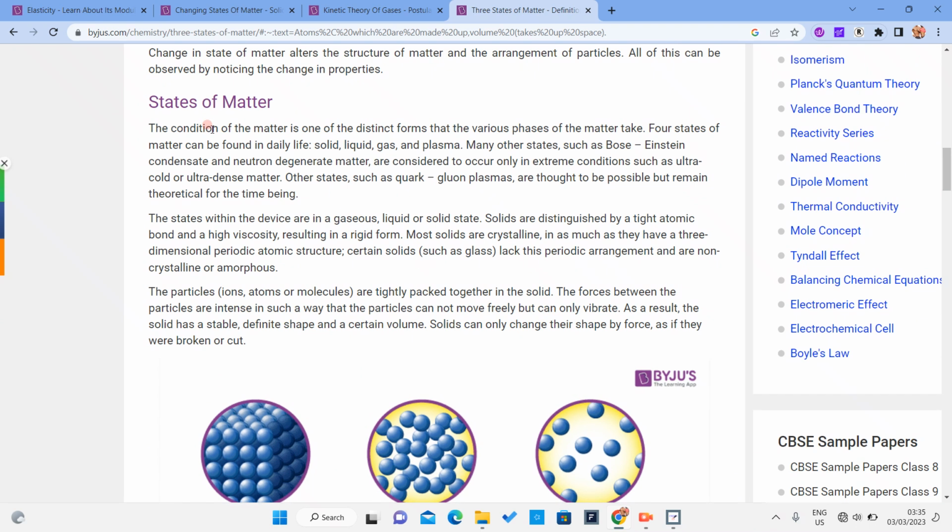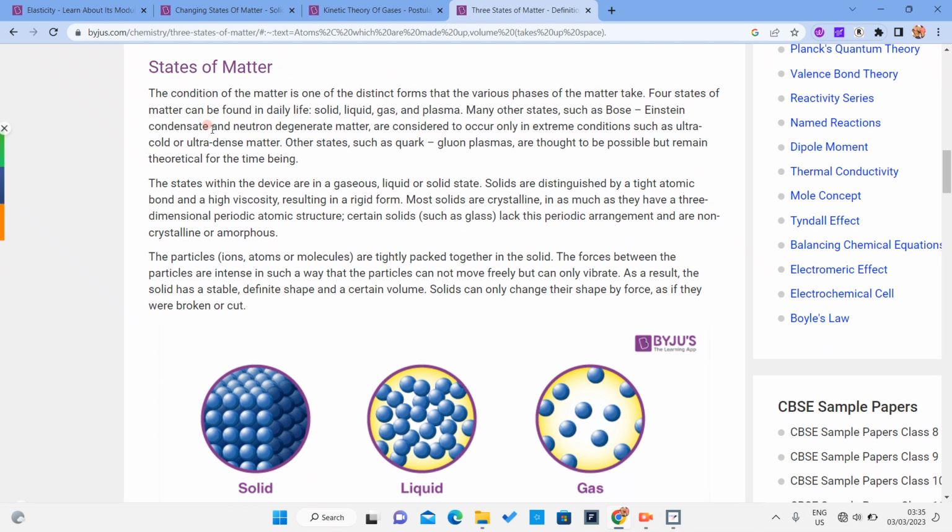And what else can you see about the solid? They have a definite volume. While the liquid does not have a definite volume, but takes the volume of the container that they find themselves in. And gas doesn't have shape, but it has volume.